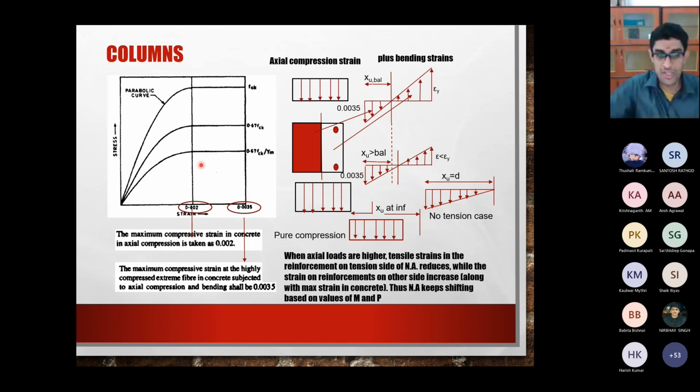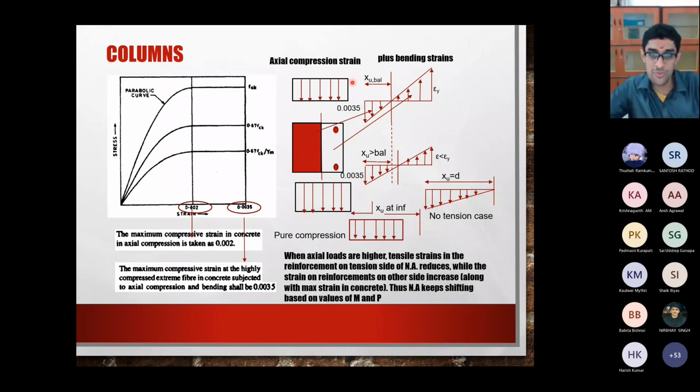In a column we may have a mixture of this. As I told you, you can have either pure compression or compression with bending. Both cases are possible in a column, so we will investigate such cases together.